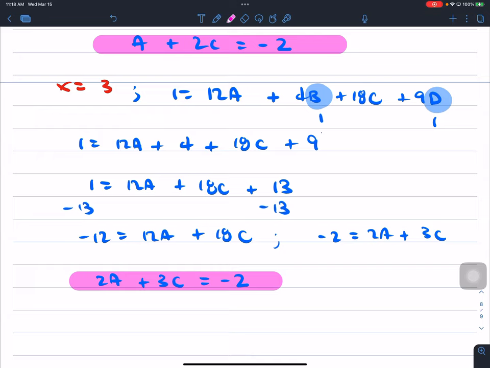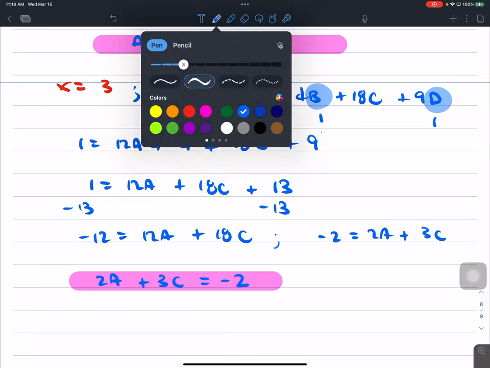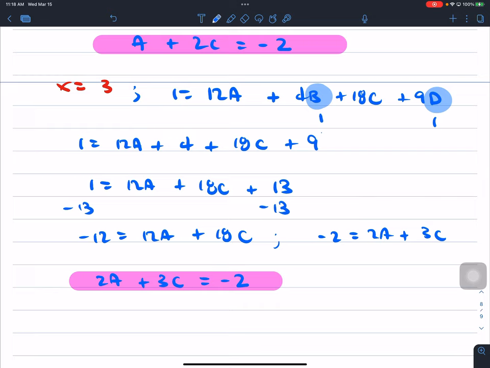What do you guys do? How do you get A and C? Yeah, 2 equations, 2 unknowns. Go back to beginning algebra. You say, what are you talking about? Can I solve this by the substitution method, right? I can say, you know what? A is going to be what?